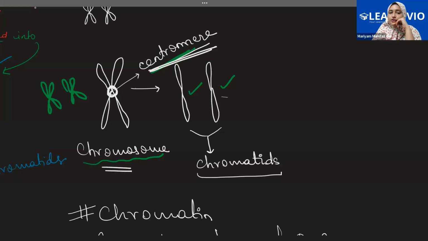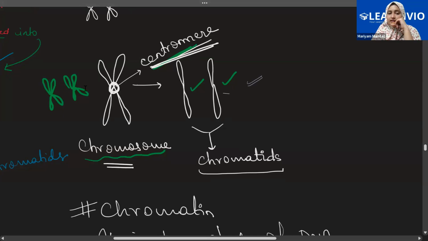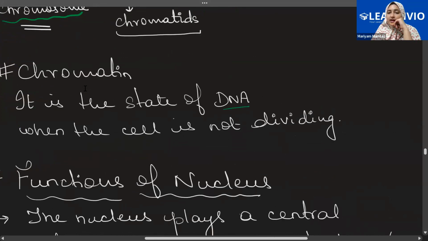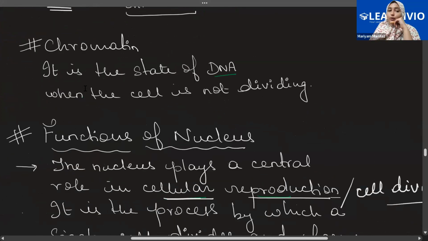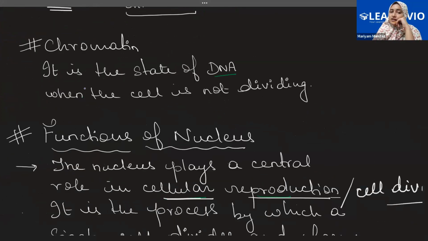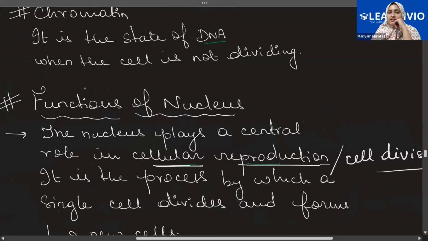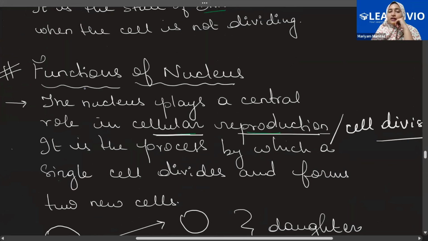So you should know how they look. Now, talking about chromatin, it is the state of DNA when the cell is not dividing. Only then can you find the chromatin, or else you cannot find the chromatin in the cell. Now, talking about the functions of the nucleus, what role does the nucleus have to play?